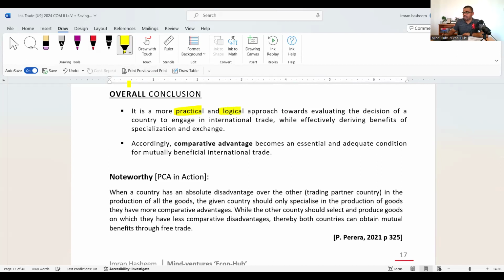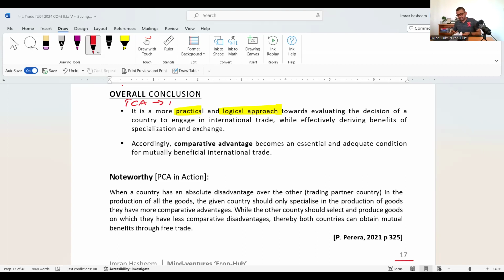Practical, logical approach, right? Here we are looking at the comparative advantage theory, or theory of comparative advantage, and then through that theory, we talk about the principle of comparative advantage.